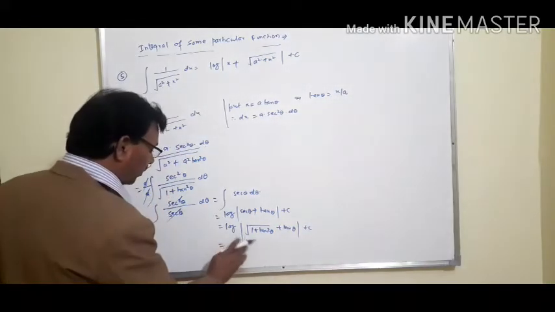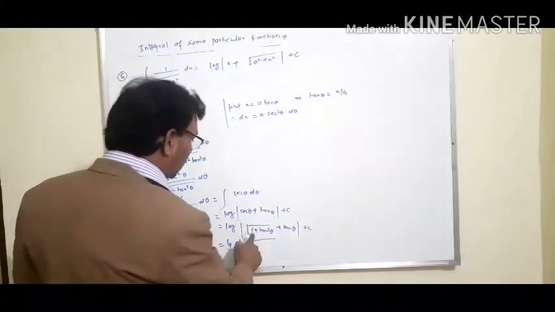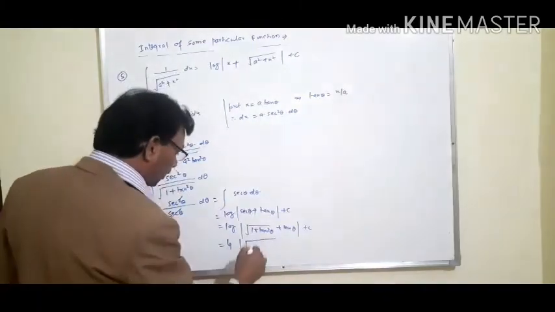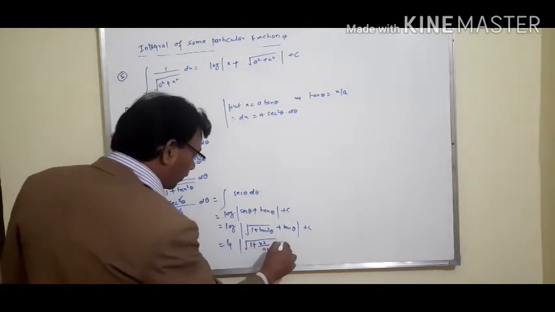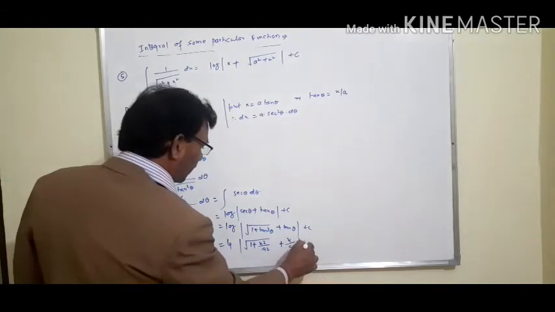This is equal to log of root under 1 plus, in place of tan theta x upon a, so this will be 1 plus x square upon a square plus, in place of tan theta, x upon a plus c.